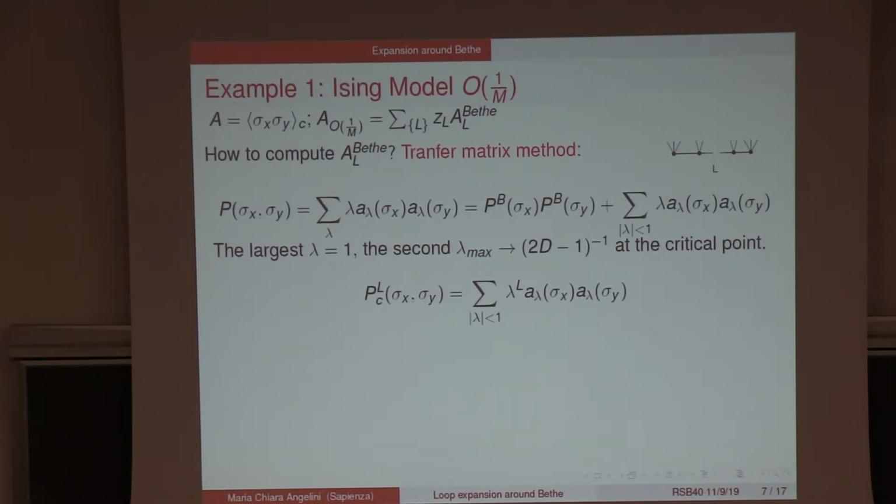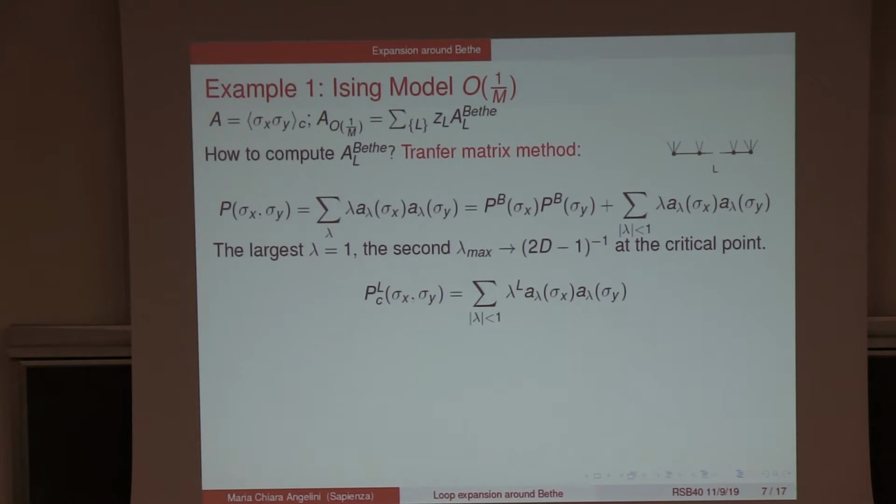It's stable under update. And then you have another eigenvalue, lambda max, that goes to (2d minus 1) to the minus 1 at the Bethe critical point, where there is the standard ferromagnetic transition in the Bethe lattice. If you have hard spins, these are the only two eigenvalues, and if you have, for example, soft spins, you have others, so you should sum over all the eigenvalues.